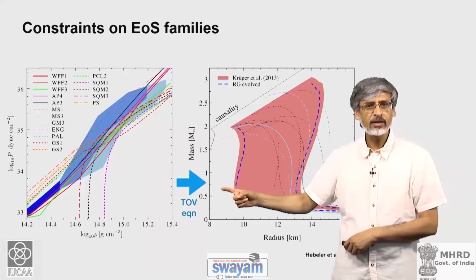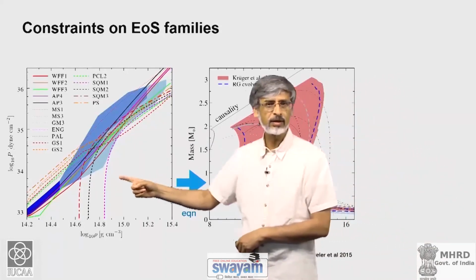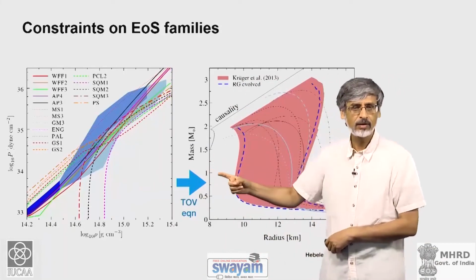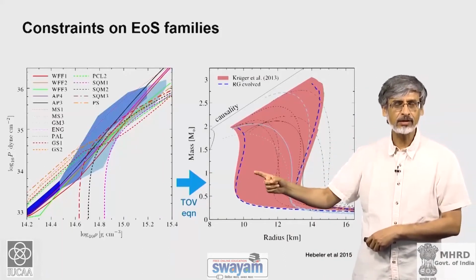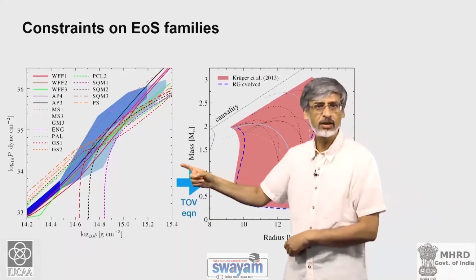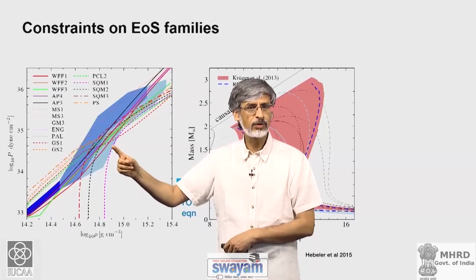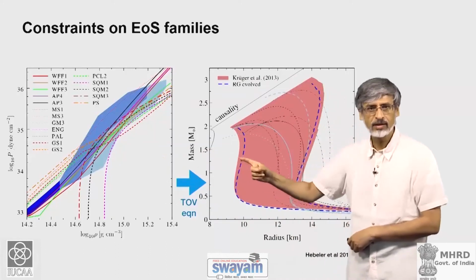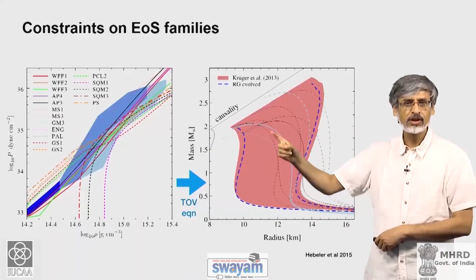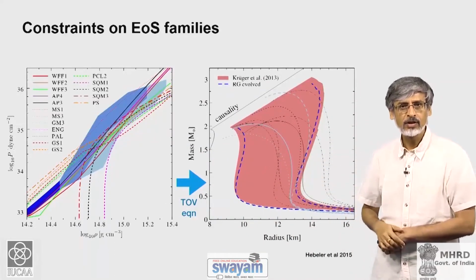So, using that, from these equations of state, one can predict the mass radius relation. For each line which corresponds to one equation of state over here, there is a line in this diagram which gives you the mass radius relation.